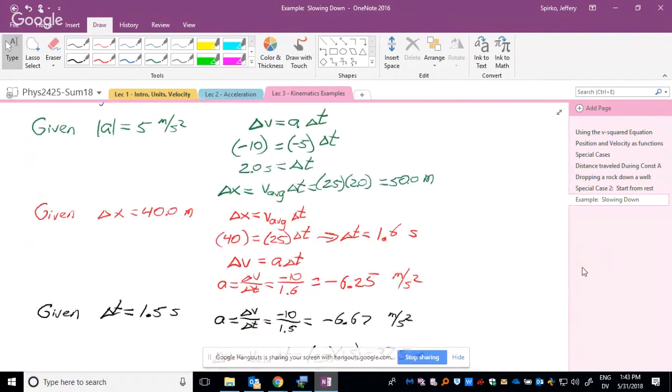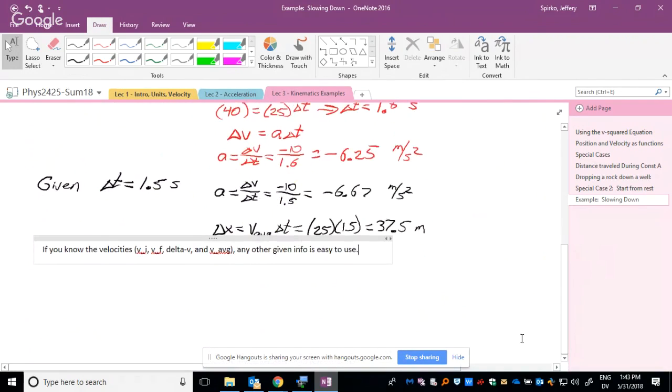And then whether we were given the acceleration or the displacement or the time, that extra bit of information was very easy to use. And we didn't have to worry about solving quadratic equations. We didn't even have to solve simultaneous equations.